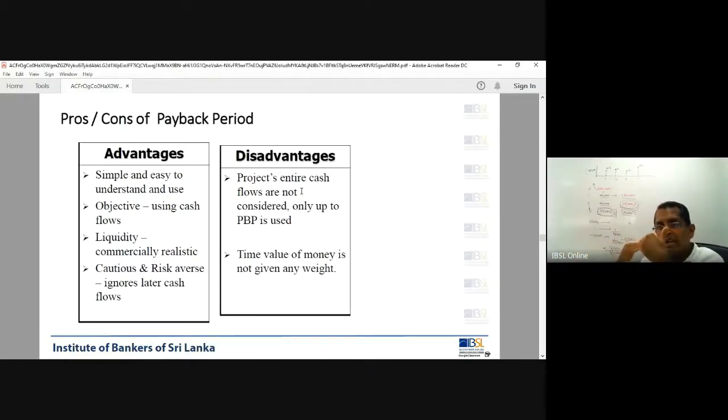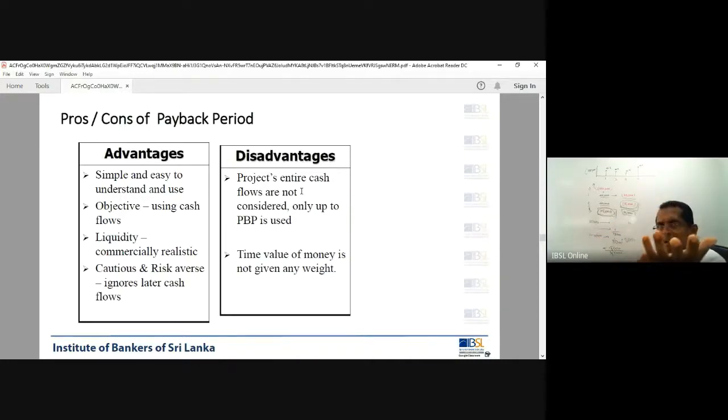you generate small amounts in first few years and large amounts in the later years. Compared to the two, the second project generates the major money. But under this payback period method, project A will generate the fastest recovery. So we forget about the money generated after the payback period.